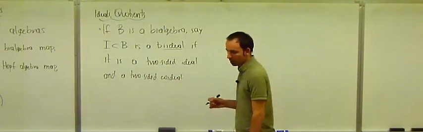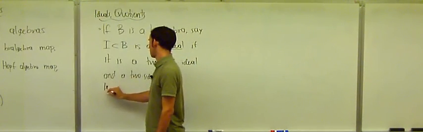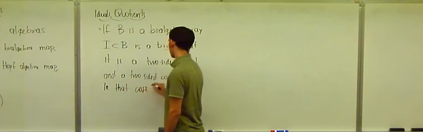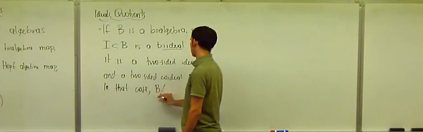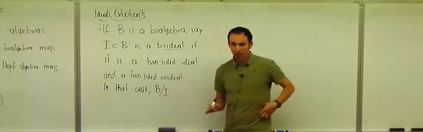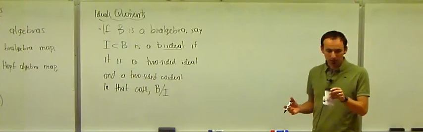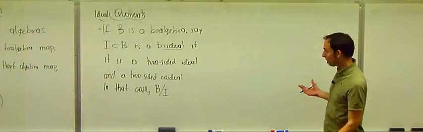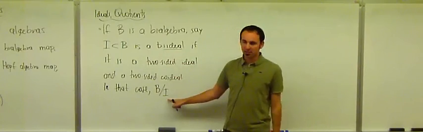Okay? And in that case, we can consider the quotient B mod I, right? And that's going to be a bialgebra, and the reason for that is simple, because I is an ideal, which means that B mod I is an algebra.